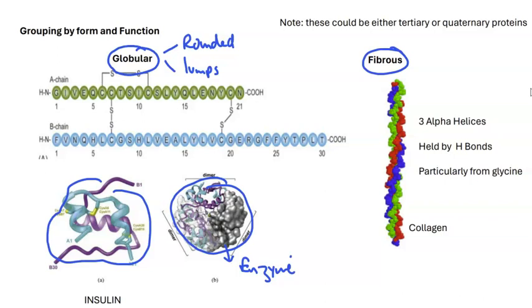Alternatively, the protein ends up being a long structure, which is where the descriptor of fibrous comes from, often composed of multiple helices held together by hydrogen bonds. Collagen itself is 3 helices twisted together, but then we have other molecules such as elastin, where the coiling imparts an elastic recoil on the structure.